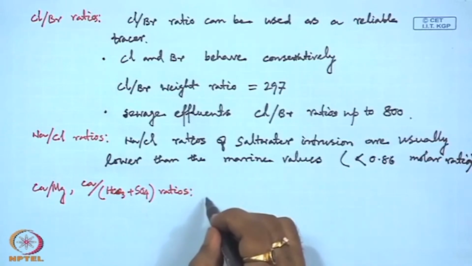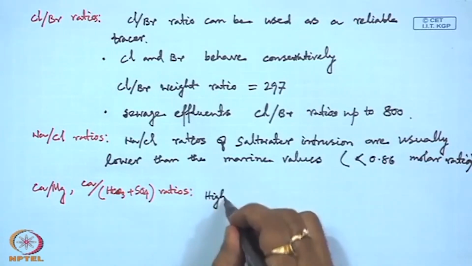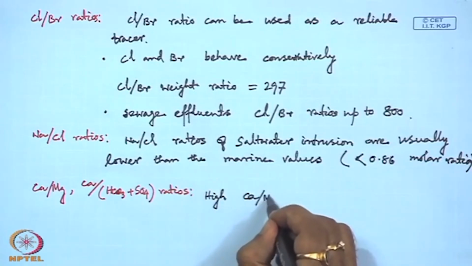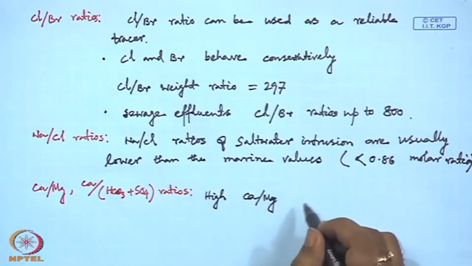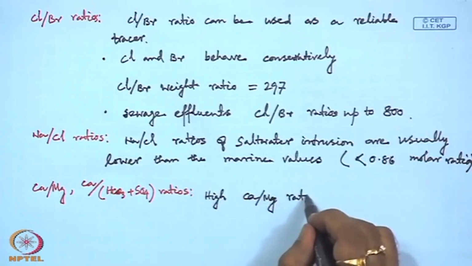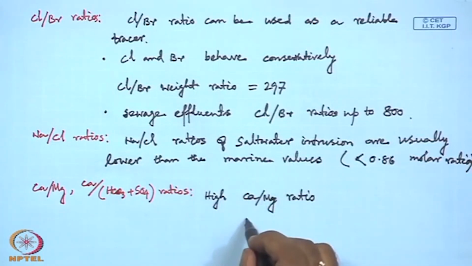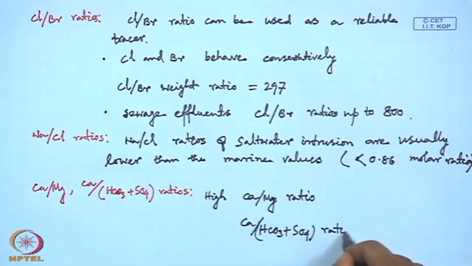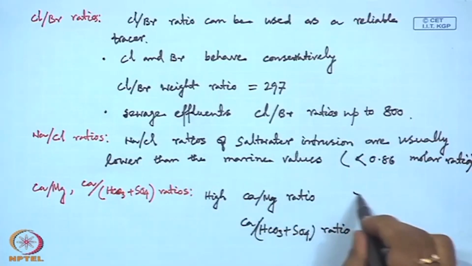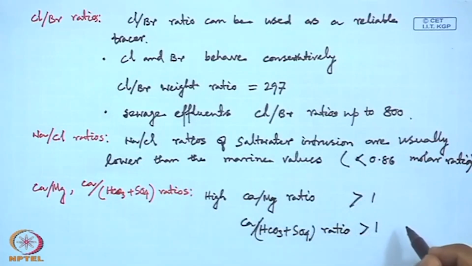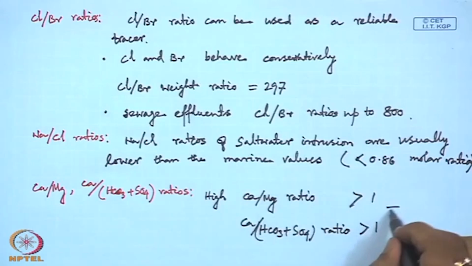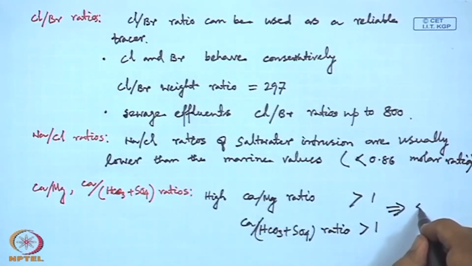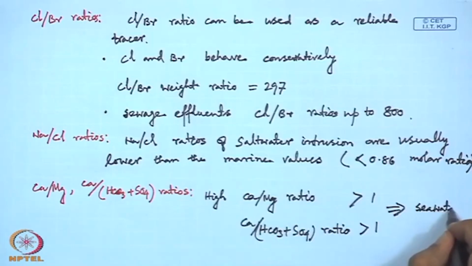So, a high calcium magnesium ratio or calcium to bicarbonate plus sulfate ratio, both greater than 1, indicates seawater intrusion.